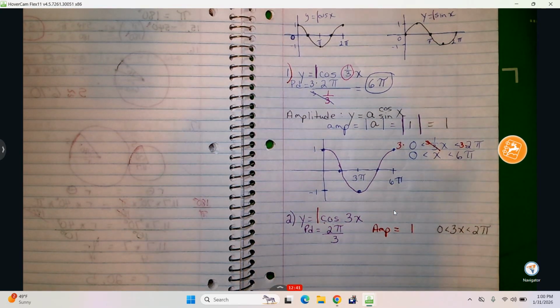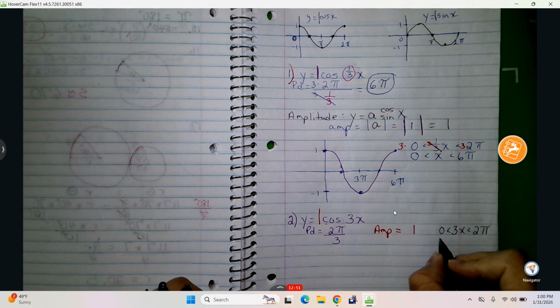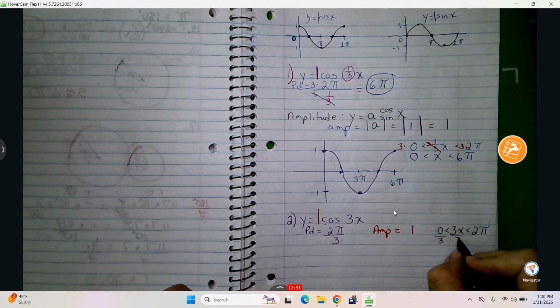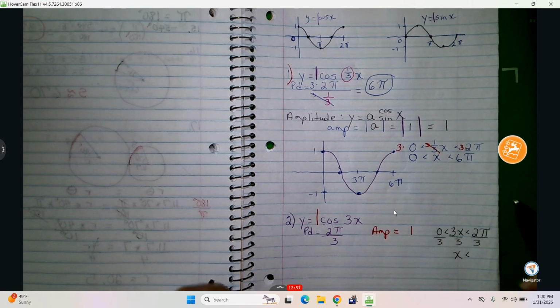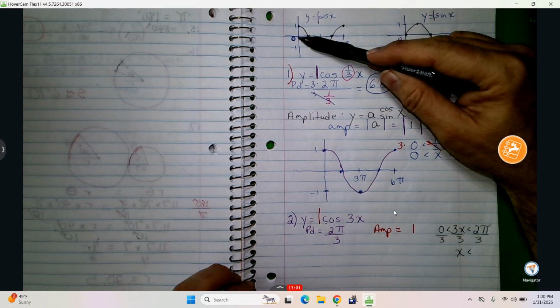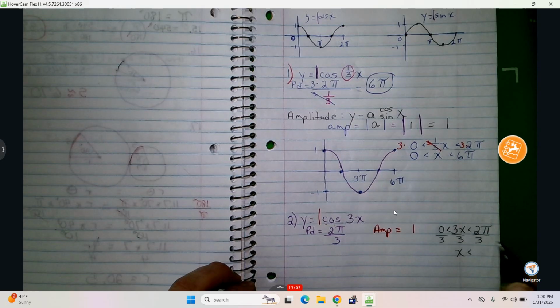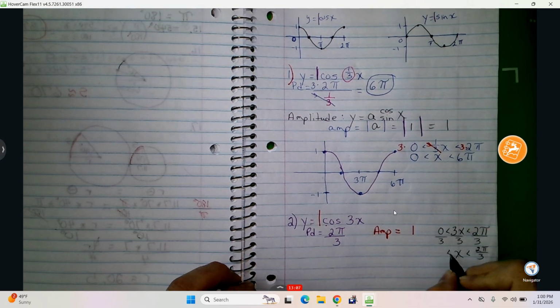No, I don't like that light on because it's going to make my shadow too obvious. So divide both sides by 3. Excuse me, divide straight through by 3. That tells us that it's going to make one of these shapes, instead of going from 0 to 2 pi, it's going to go from 0 to 2 pi over 3.